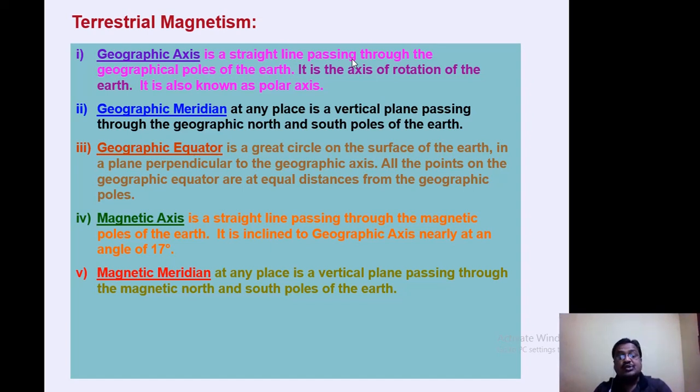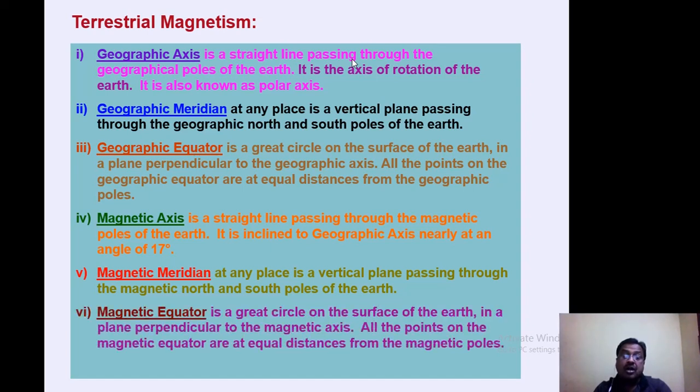Now, what is magnetic meridian? Magnetic meridian at any place is defined as a vertical plane passing through the magnetic north-south of the earth. So, magnetic meridian is a plane perpendicular to the magnetic axis again.